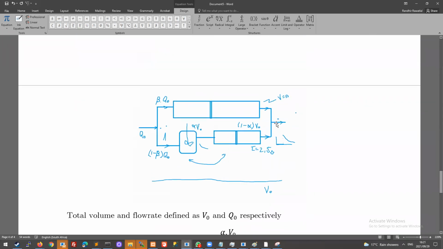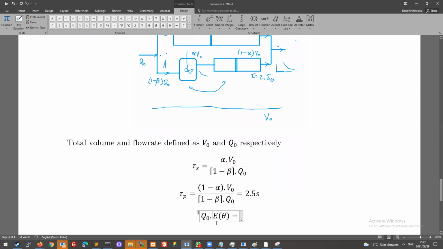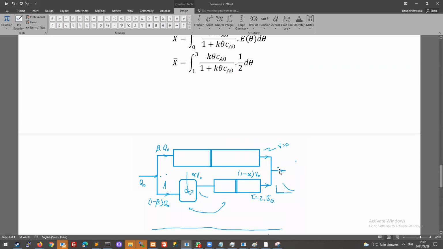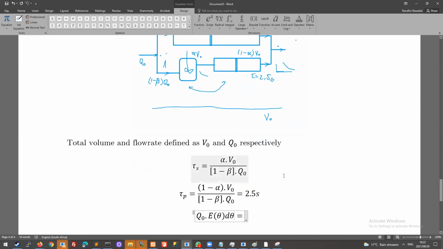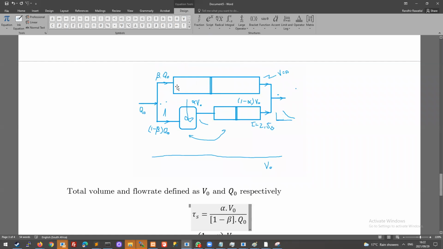So the total flow rate of fluid elements between theta and theta plus delta theta is Q naught E theta d theta. Right, so that's the volumetric flow rate of a particular age, if you like. That's what's coming out there, and that's equal to the flow from the upper branch.